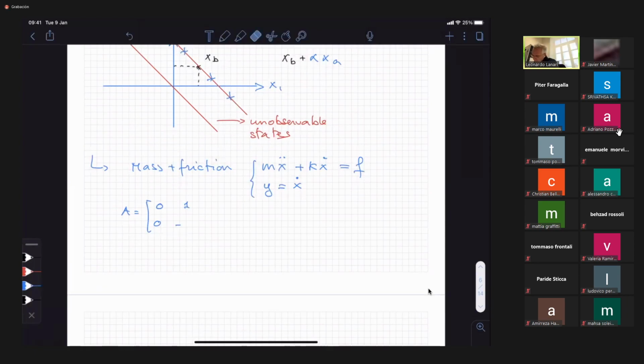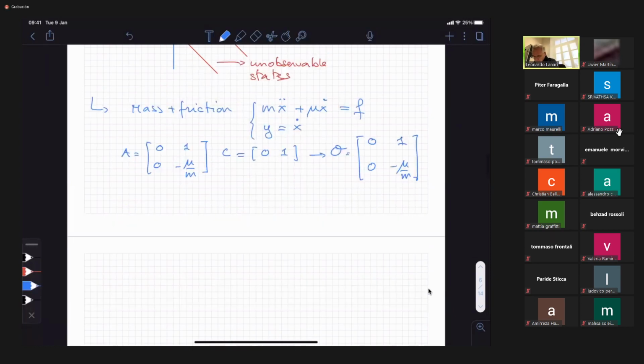Let's choose mu to be consistent with the usual notation. And we said if we choose the velocity as output, we would have 0, 1. So that the observability matrix becomes 0, 1, and 0, minus mu over n.